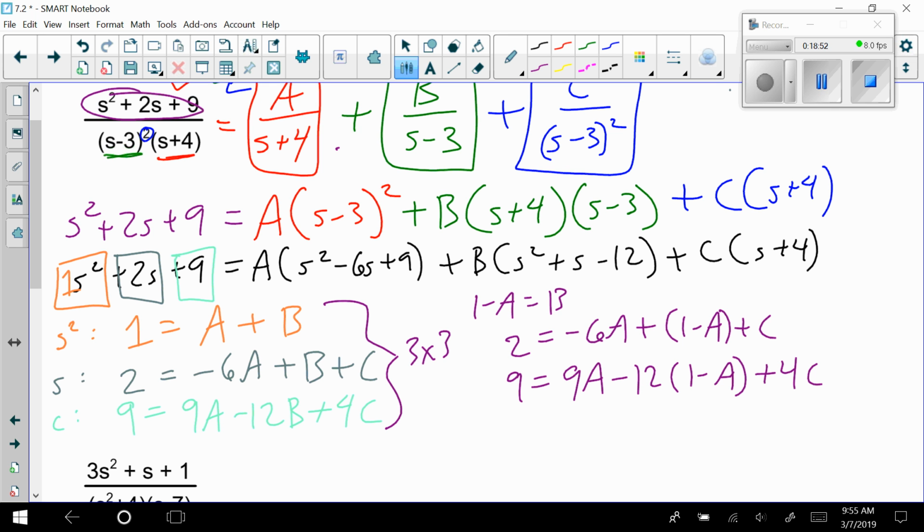Well, we do a little bit of math now. This would be negative 6a. That's another one, so I'd have 2 equals negative 7a plus 1 plus c. Well, then that's 1 equals negative 7a plus c.